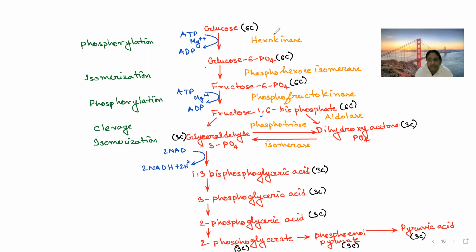Apart from that, there will be glyceraldehyde 3-phosphate, in which a single phosphate was there. Here 2 phosphate groups are there because it is getting converted into 1,3-bisphosphoglyceric acid. So there will be addition of phosphate, but this time it is not done by ATP, because ATP cannot supply phosphate for such a low reaction demand.